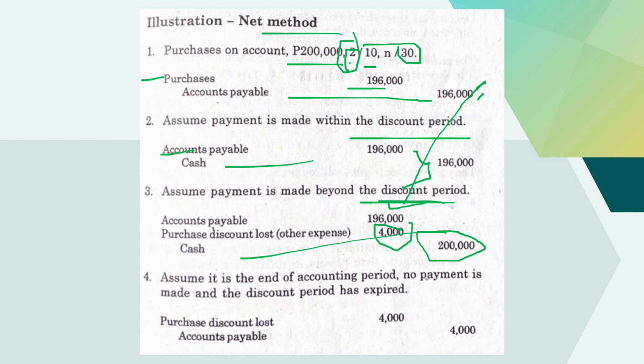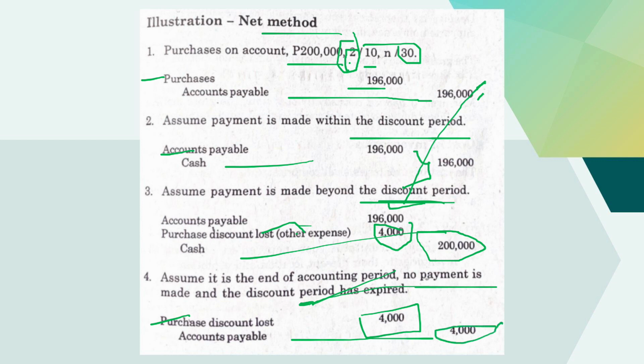Diyan, gagamit ka ng account na purchase discount loss, which is considered as part of other expenses, kasi nga, na-expire. Now, assume it is the end of the accounting period, no payment is made and the discount period has expired na. So, debit purchase discount loss, 4,000 and credit accounts payable of 4,000.